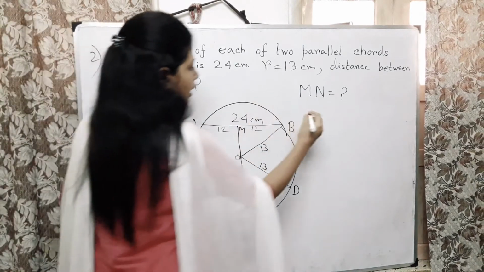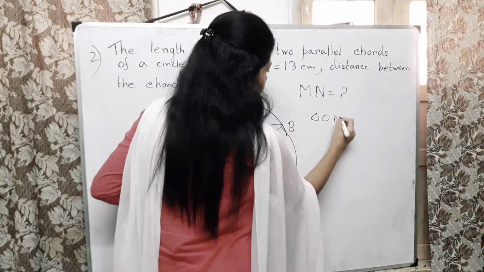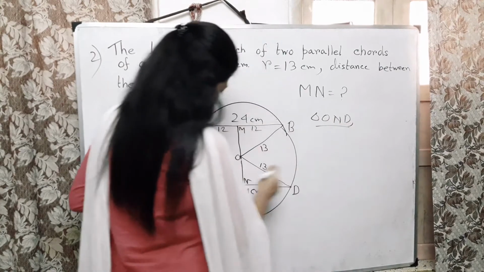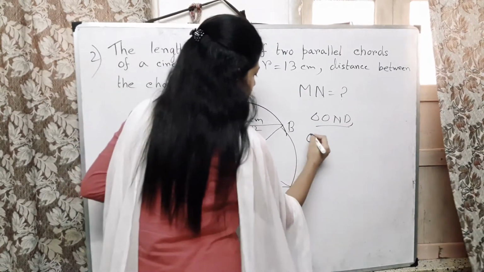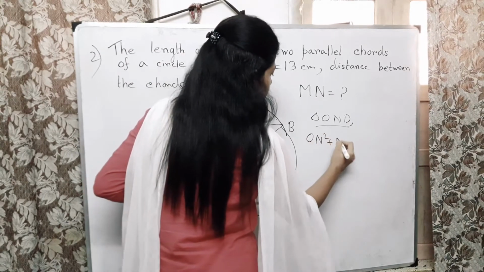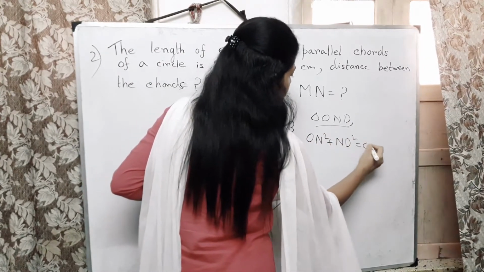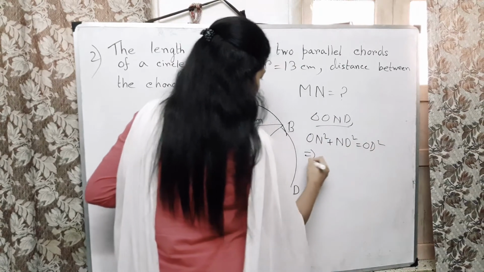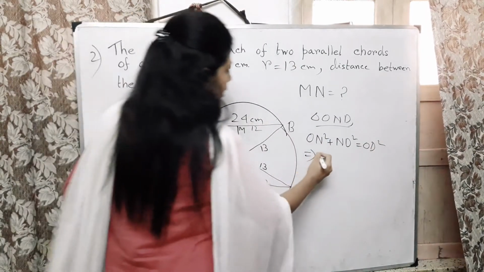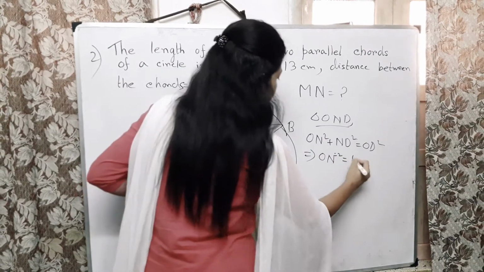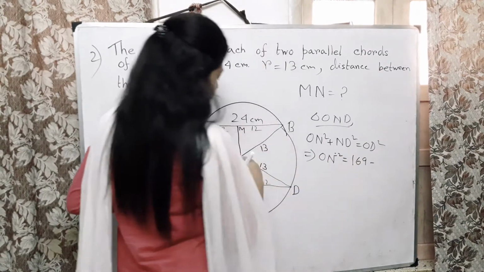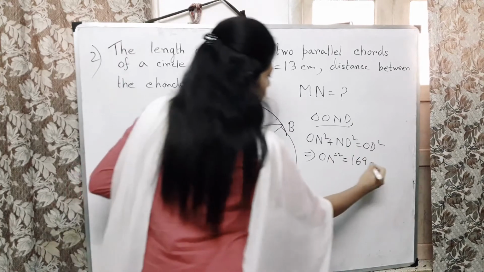So in triangle OND, ON square plus ND square equals OD square. We have to find ON from here. So ON square equals OD square, that means 169 because 13 is there, minus this one, 144.